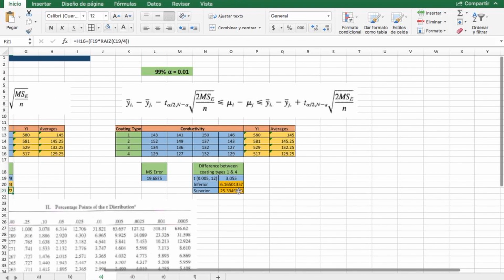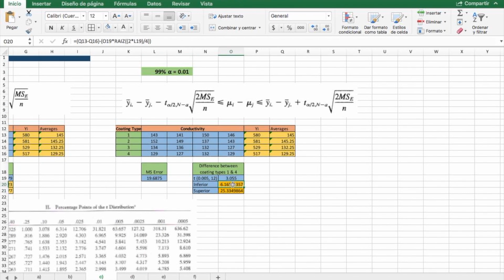To obtain the inferior number, we follow the formula: the average of coding type 1 minus the average of coding type 4, minus the t-value 3.055 times the square root of 2 times the MS error divided by 4. And this gives us 6.165. The superior is the same, but instead of subtracting, we add.